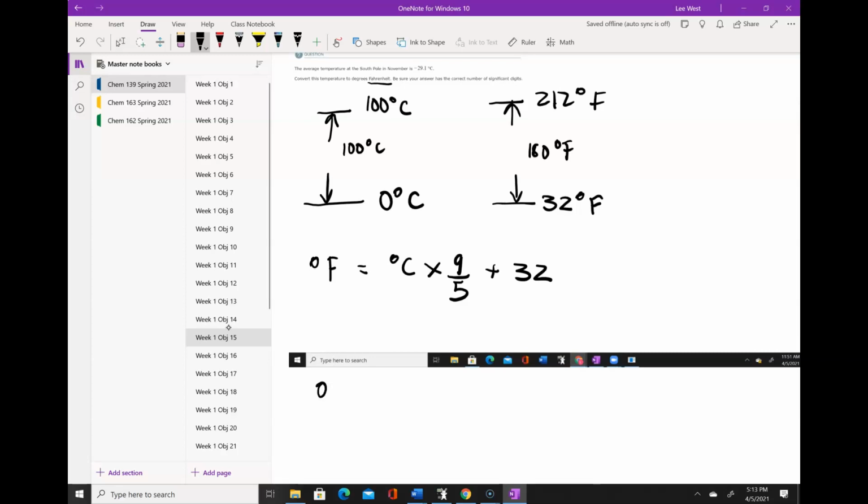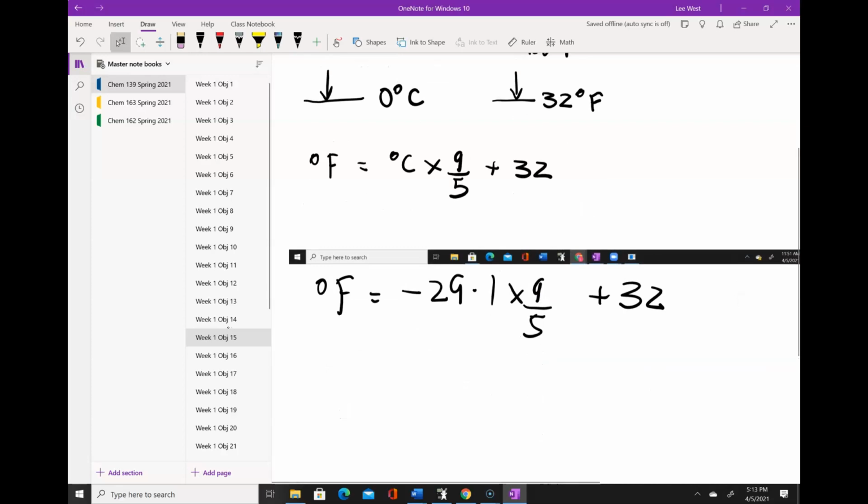So here we go, degrees Fahrenheit equals degrees Celsius, which was minus 29.1, times 9 on 5 plus 32. And let's see what we get.